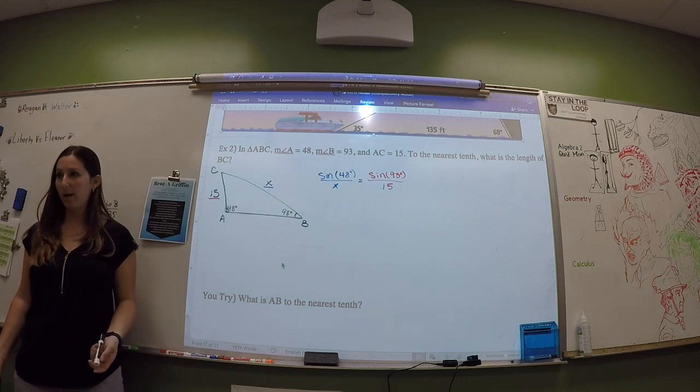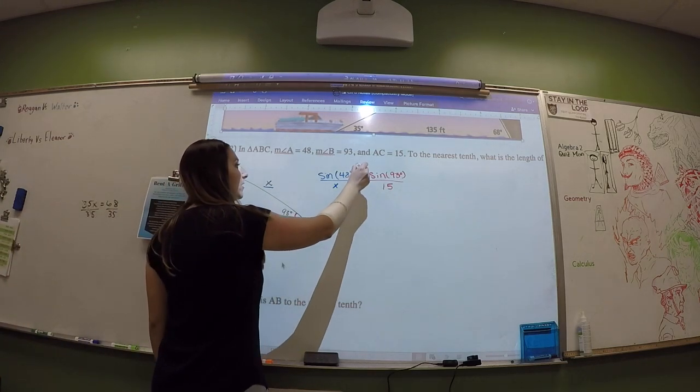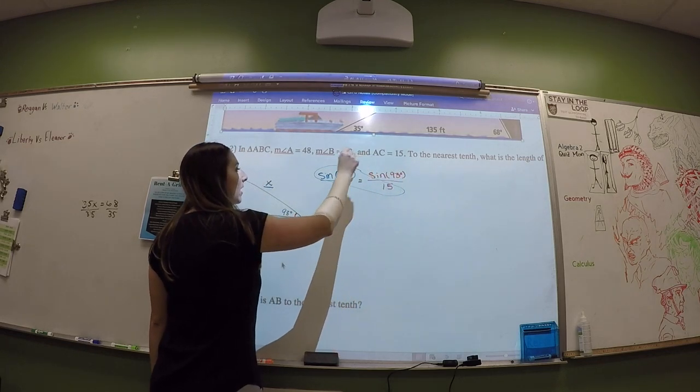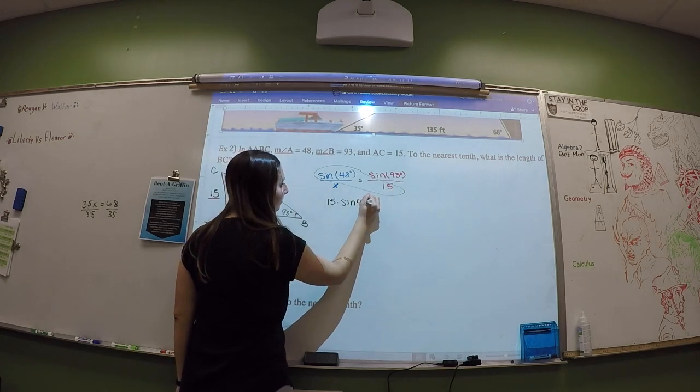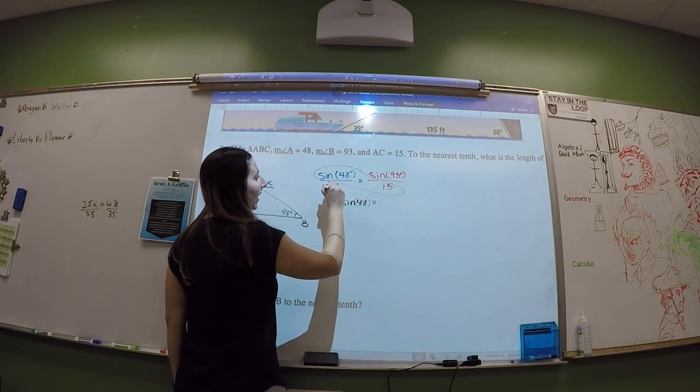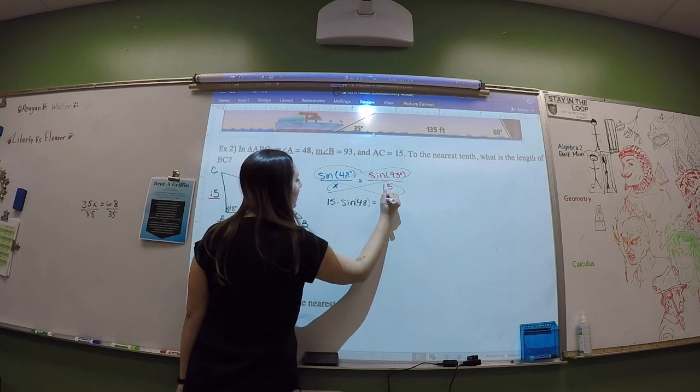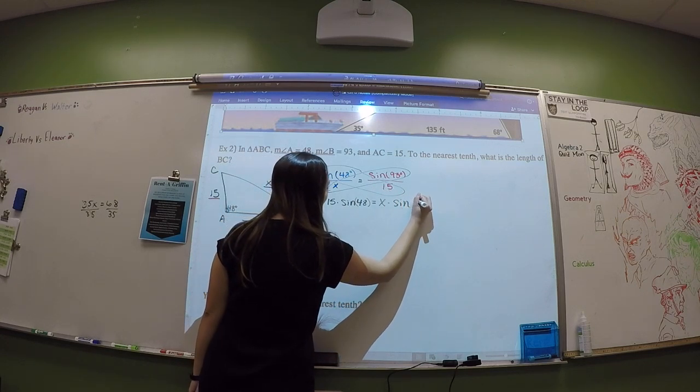Okay, now we cross multiply. So you're multiplying 15 times sine of 48 and then X times sine of 93.